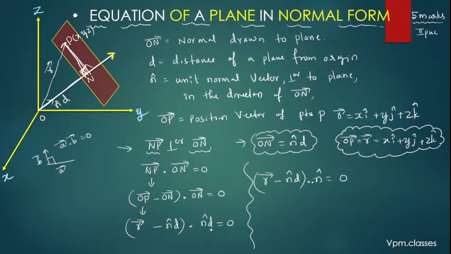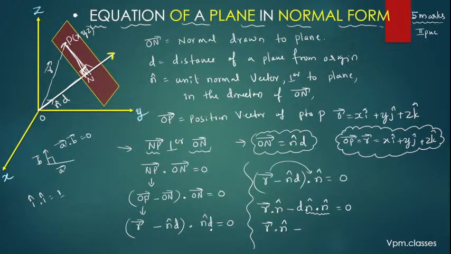Next step, split it: r dot n cap minus D n cap dot n cap equal to 0. We know that the dot product of a unit vector with itself, i dot i, j dot j, is equal to 1.